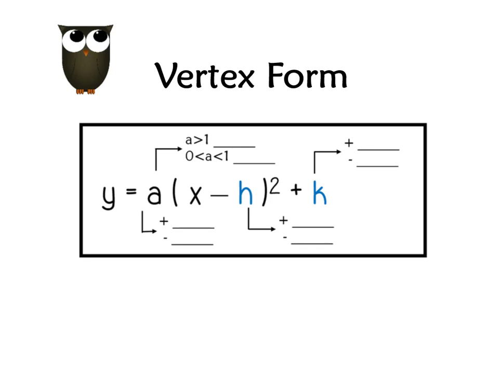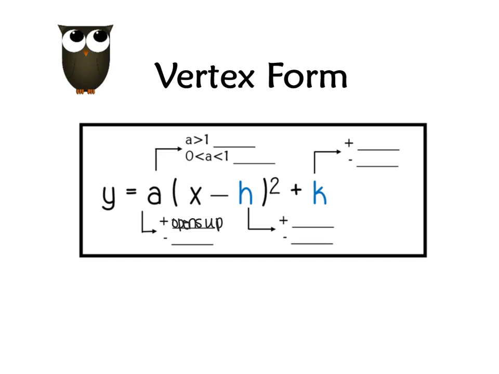So previously you did a discovery and you graphed a bunch of different parabolas, and you should have noticed that they were moving up and down and left and right, or getting skinny and wide. And this should look familiar to you because we did this with absolute value earlier in the year. If out in front of your A value you had a positive, that means that it opens up.